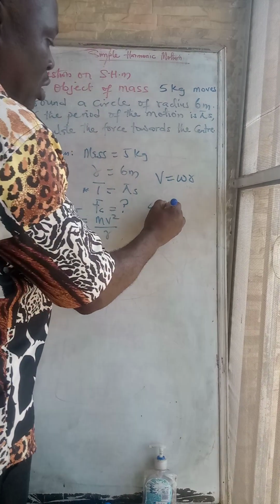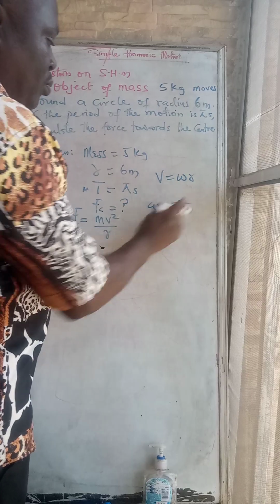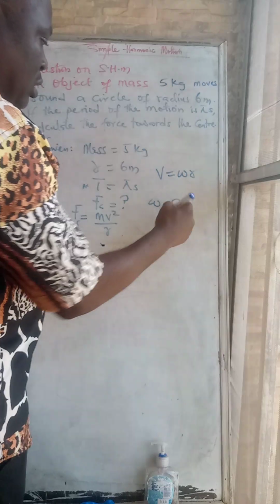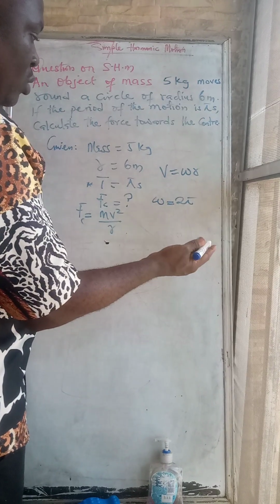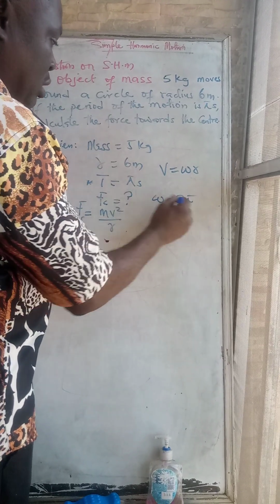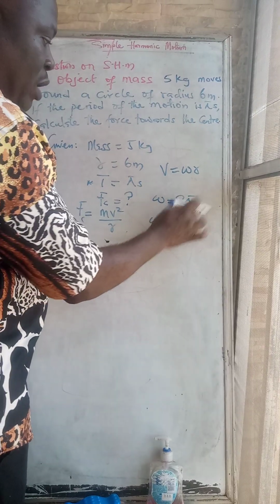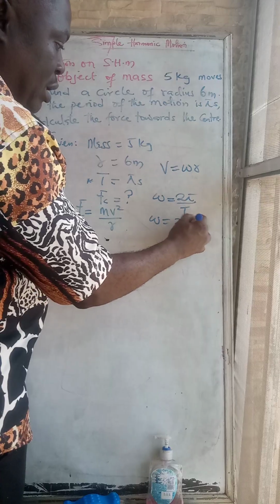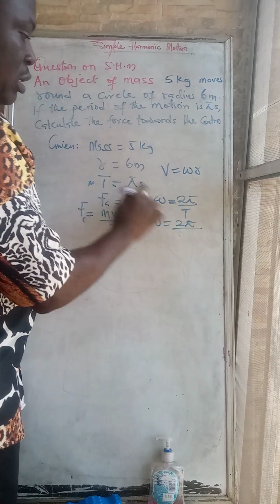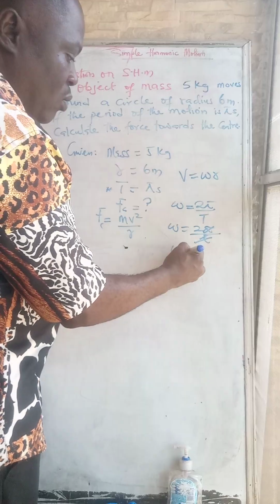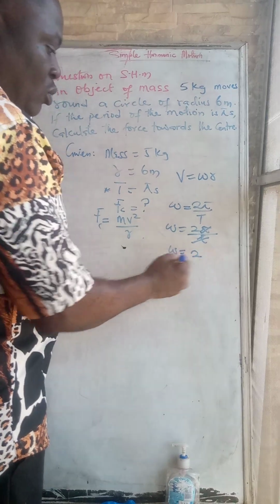So period and angular velocity are related by 2 pi. Now, angular velocity is equal to 2 pi over T. What is T? T is pi. And if T is pi, this will cancel this. So our angular velocity is now 2.